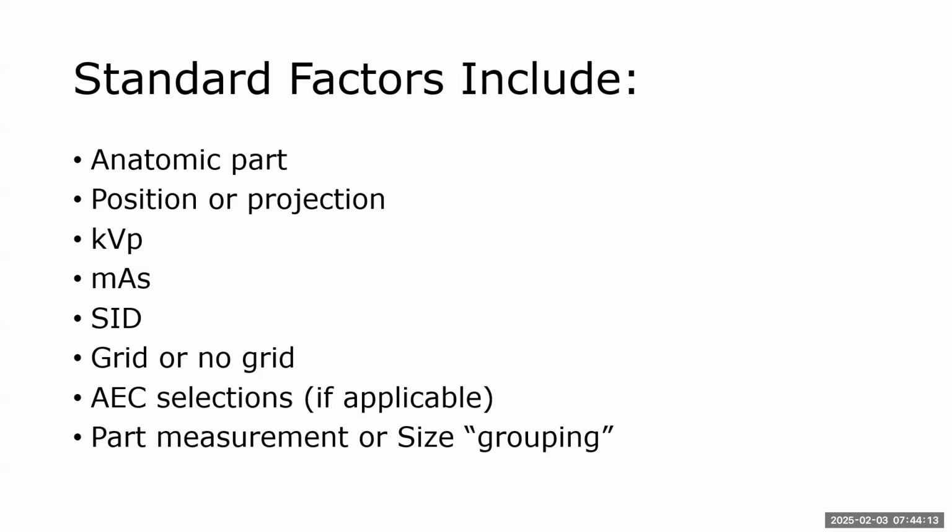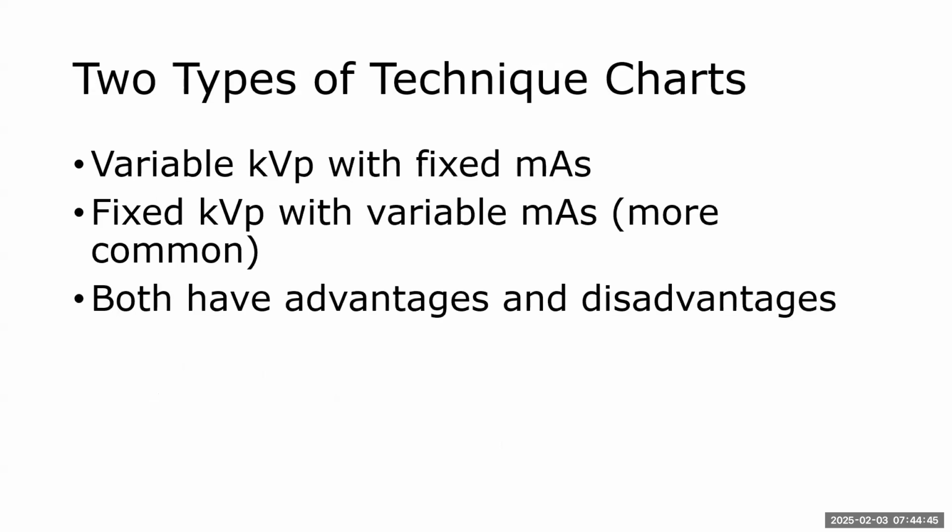So AEC can be a part of that, just telling what photocells to use and what density setting to use. And then a part measurement or a size grouping of some sort. It'll generally either have centimeter measurements, or just those categories, small, medium, large, maybe extra large, maybe extra small, just so you have a general idea of what technique to use depending on your patient's size.